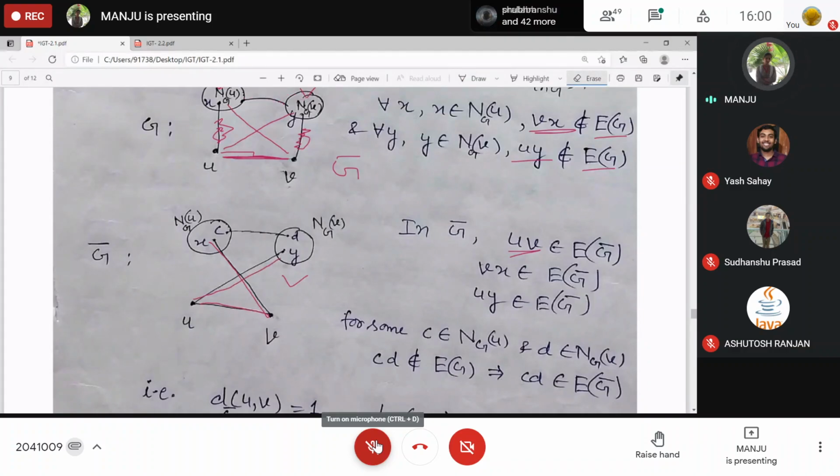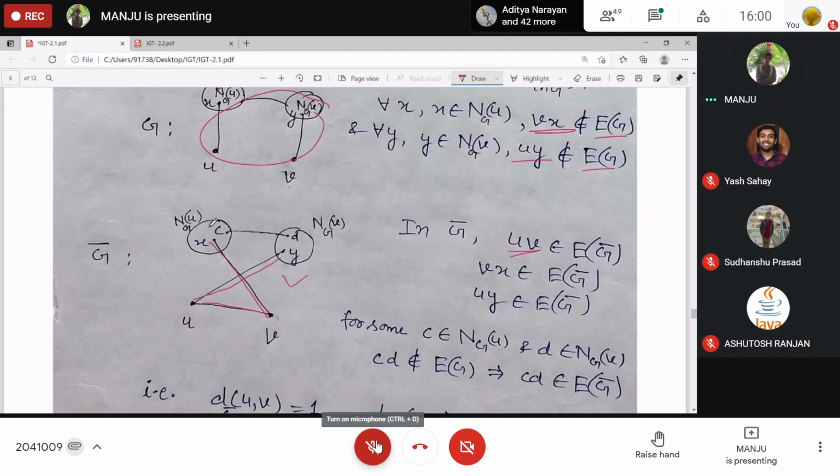Now you can just look at this; this was the scenario in G. This was G, this is G complement. VY will be in G complement. So what is the distance between U and V? 1.